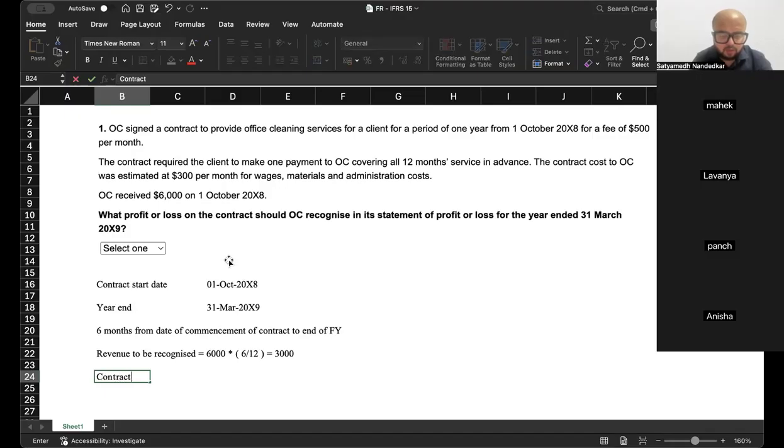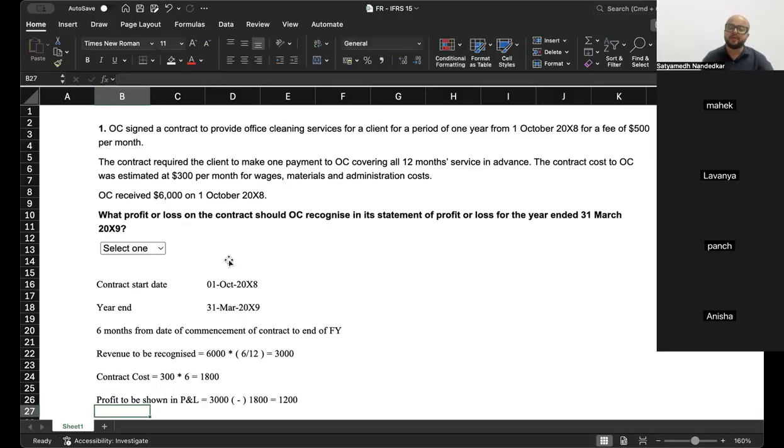So contract cost is how much? 300 per month into 6 months. That is 1,800. So, profit to be shown in P&L कितना होगा? 3,000 minus 1,800. That is 1,200.